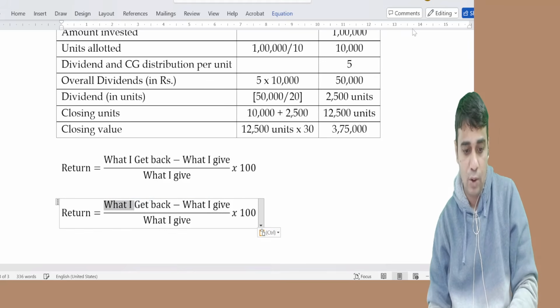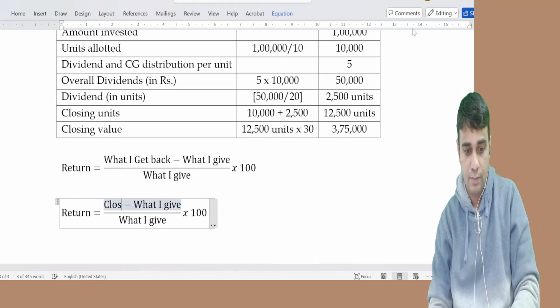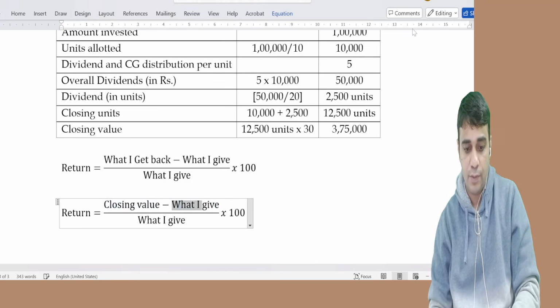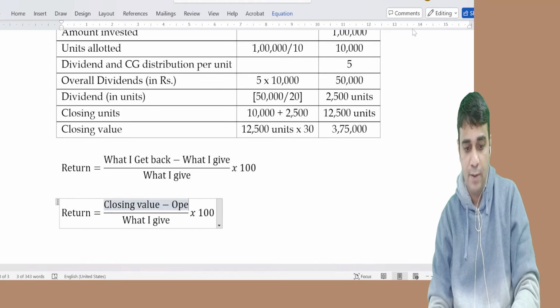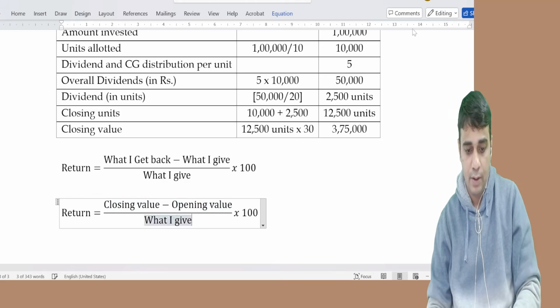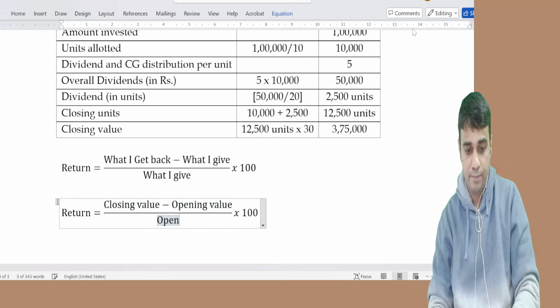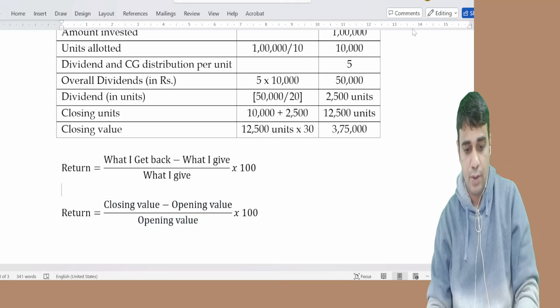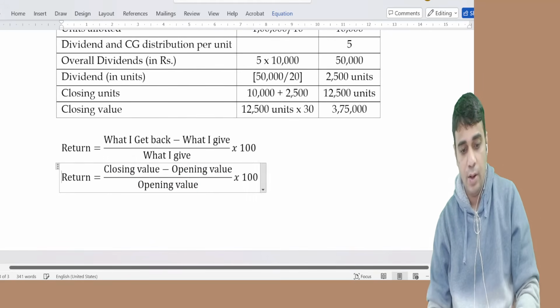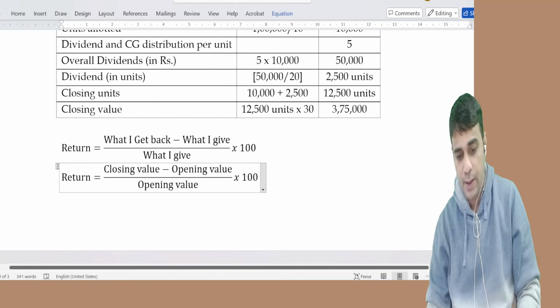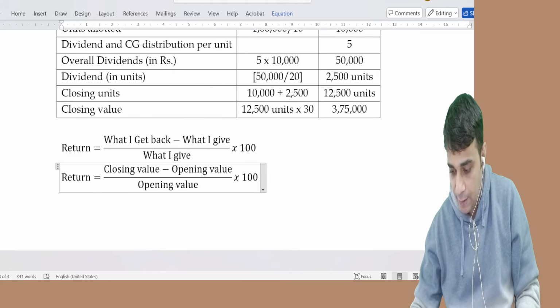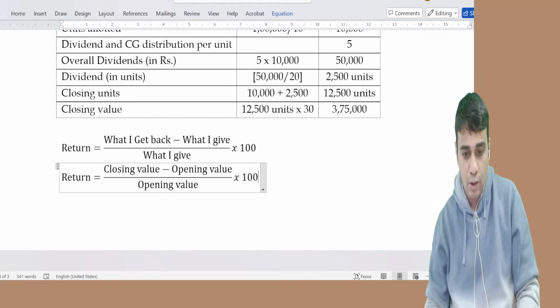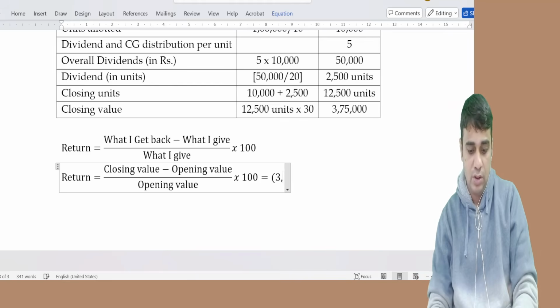Let's write the formula again. What I get back is called closing value. Closing value minus opening value, divided by opening value, into 100. Closing is 375.